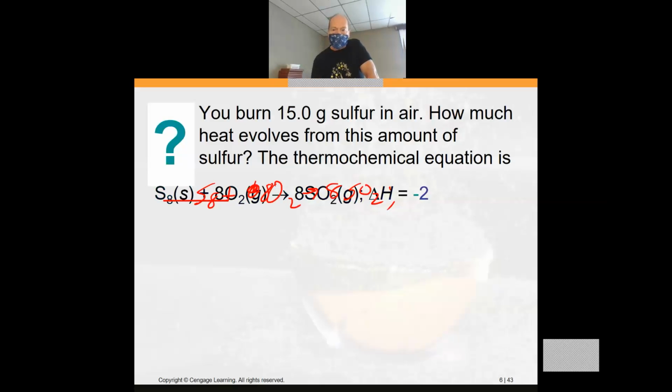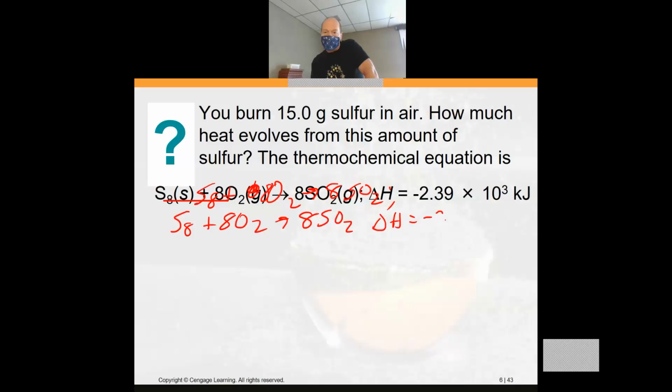This is the problem: delta H is negative 2.39 times 10 to the third kilojoules. They give you this in the problem.